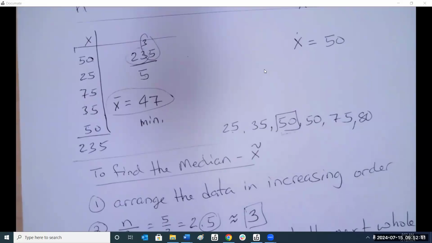This one happened by chance. The median does not have to be a number in the data set. Neither does the average. The only number that has to be in the data set itself is the mode. The other two are simply calculations.